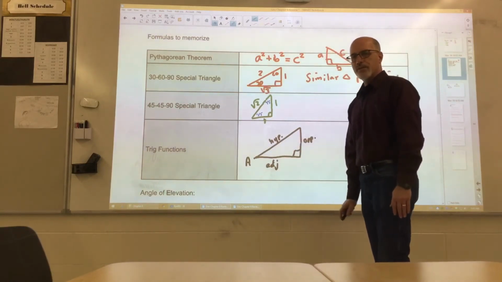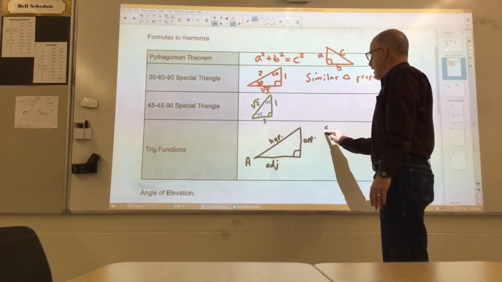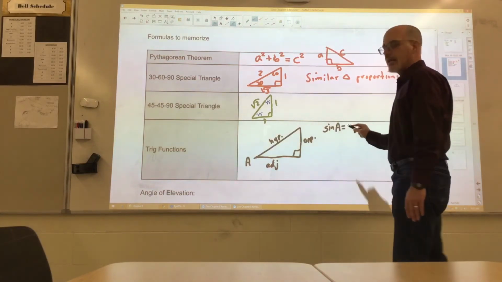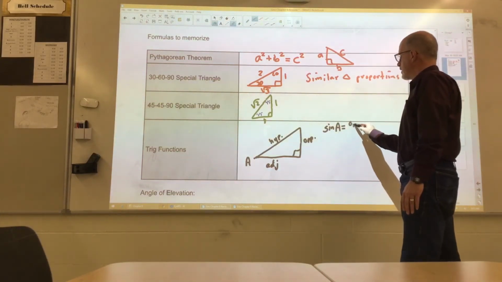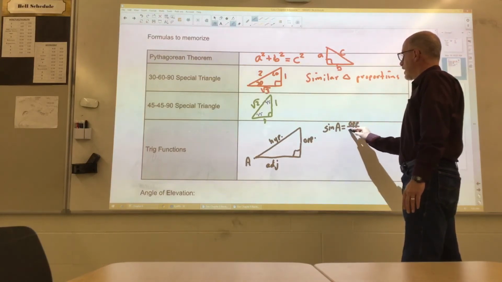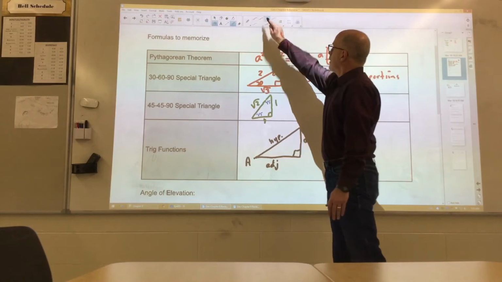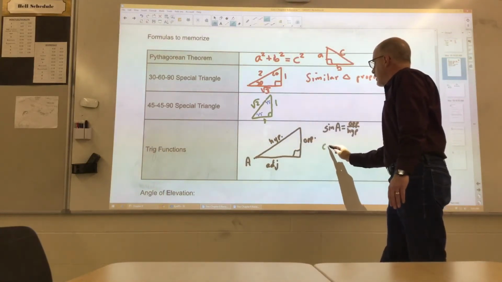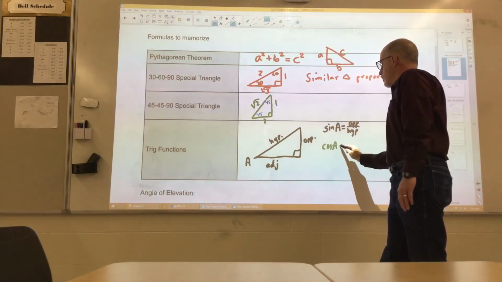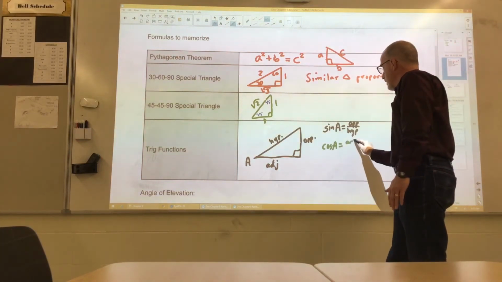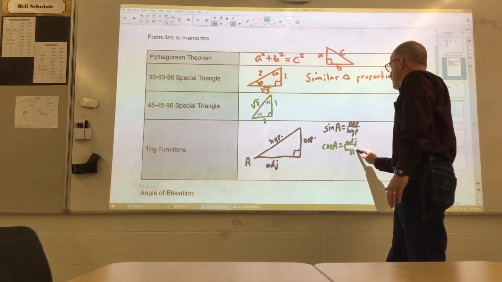So when we set those up, our trig functions, sine of angle A is going to equal the opposite side over the hypotenuse. Cosine of A is going to equal the adjacent side over the hypotenuse.